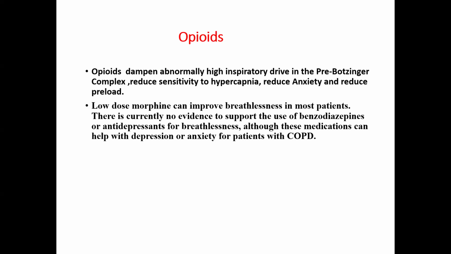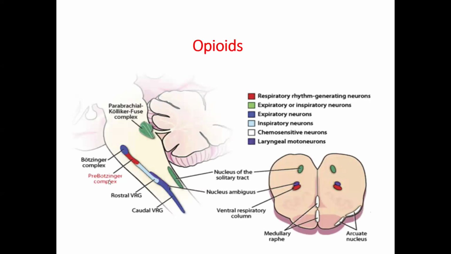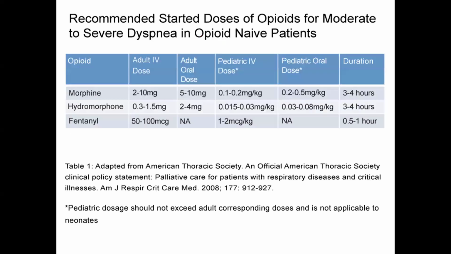Opioids basically dampen this pre-Bötzinger complex here, and this basically knocks off the air hunger the patient has when he gets the dyspnea. The doses that we use for dyspnea are much lower than for pain, and this is just an example, for morphine, hydromorphone, or fentanyl.